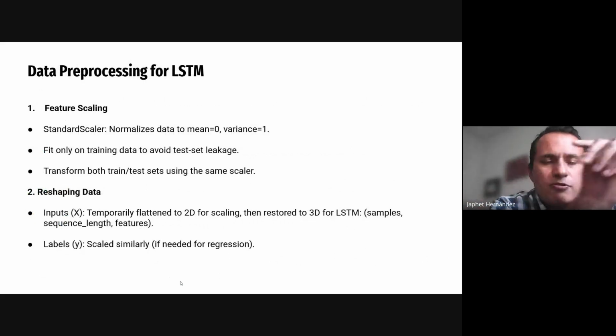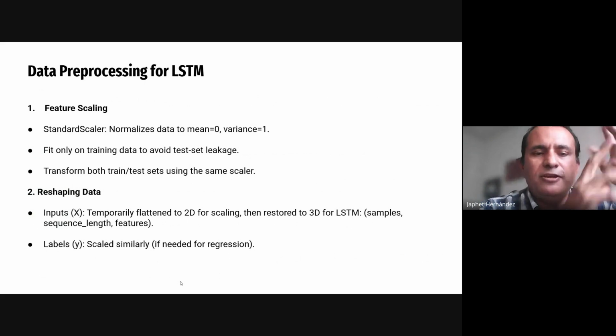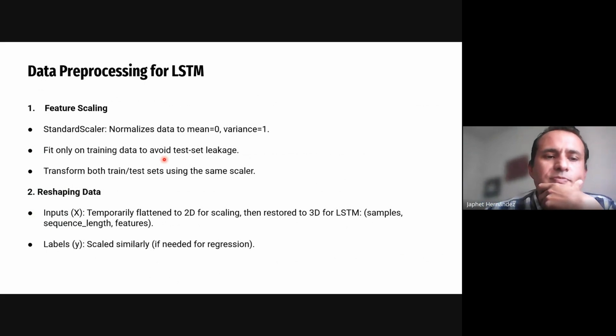So some pre-processing was done on the long short-term memory neural network. Some feature scaling was performed, and we must make sure that we are only including the training information in the scaling at this moment. Why? Because we don't want the model to cheat.